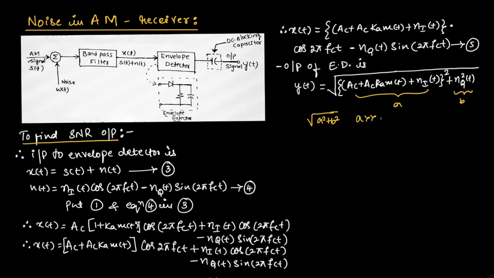From the above equation, we can see that A is much greater than B. So square root of A square is equal to A. So then B can be neglected from this term, and we get the equation of y of t.